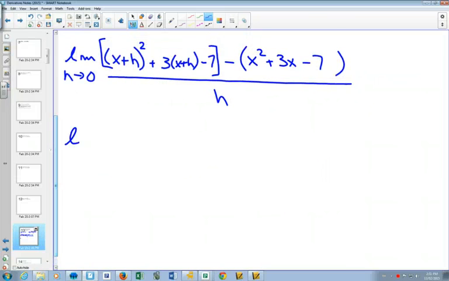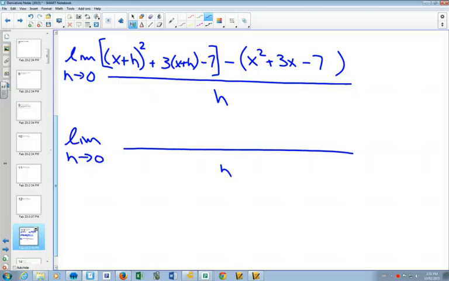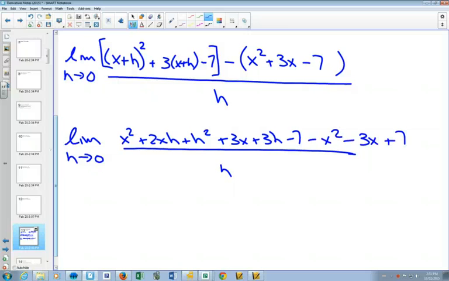Now we'd have to expand and combine like terms. It's still going to all be over h. This will be x squared plus 2xh plus h squared plus 3x plus 3h minus 7 minus x squared minus 3x plus 7 once I distribute that negative. So I expanded the x plus h squared, and I distributed the 3. And nice things happen. Those cancel out. Those cancel out.